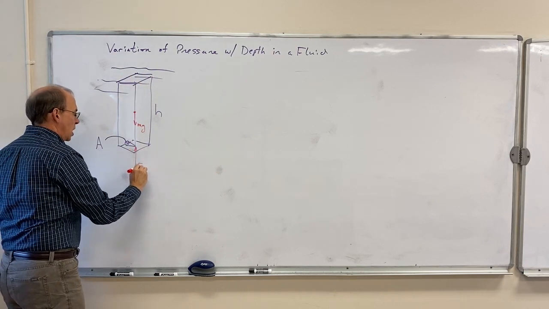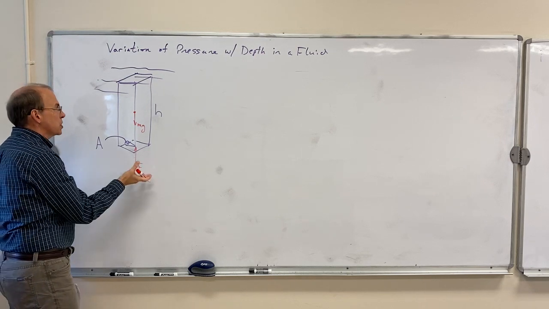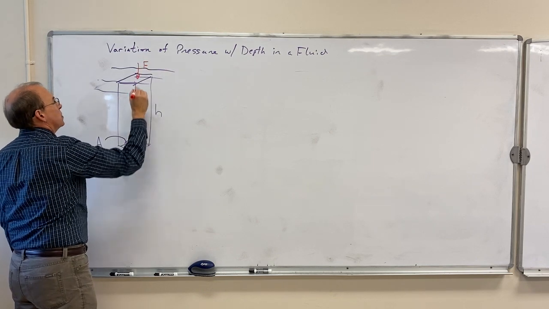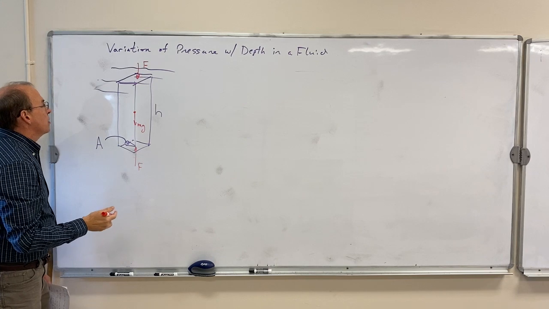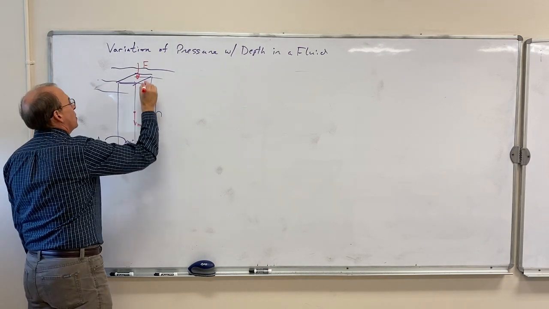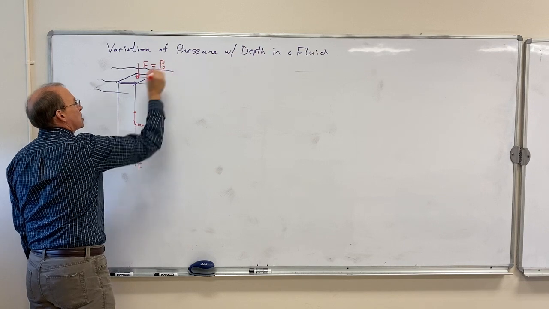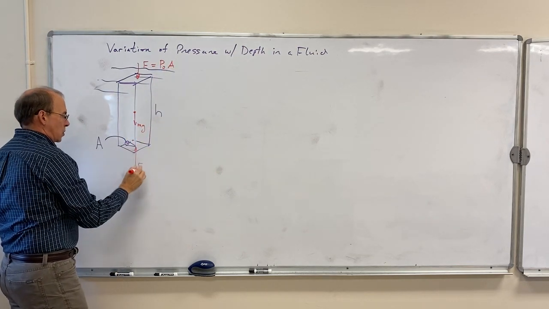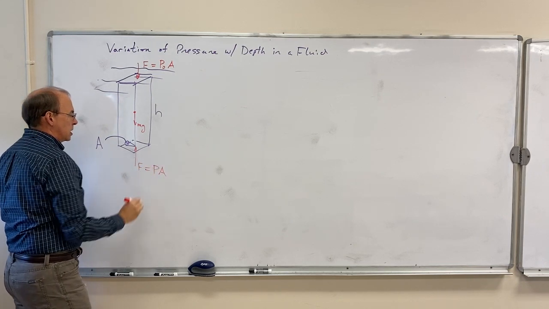There's a force up on it due to the pressure of the water below pushing up. There's a force down on it that's due to the atmospheric pressure pushing down on it from above. So the force down is just the pressure at the top, I'm going to call that P0, times the area. The force up is the pressure down here, which I'm just going to call P, times the area.